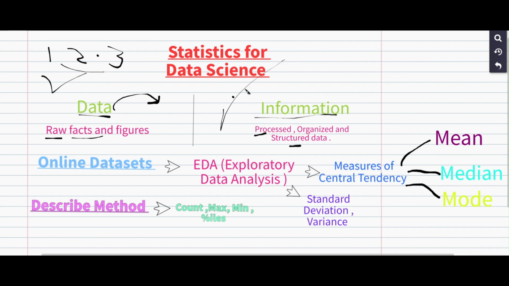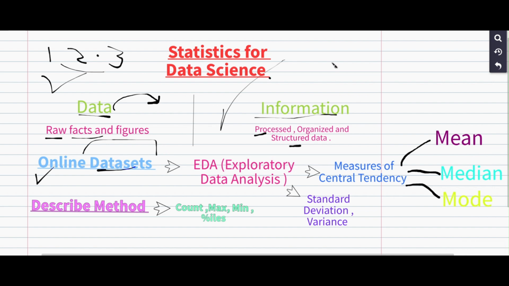So you should be aware of the difference between data and information, especially when you are studying statistics. Then you should be aware of a term called data set. A data set is a collection of rows and columns.